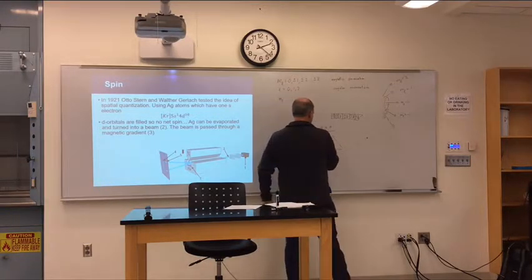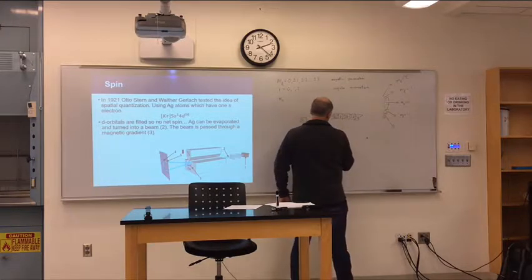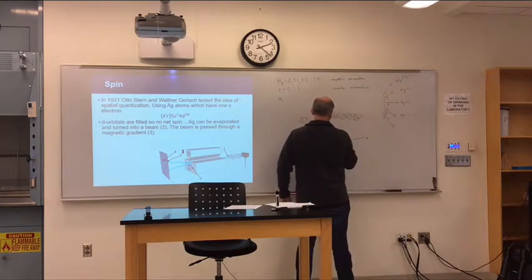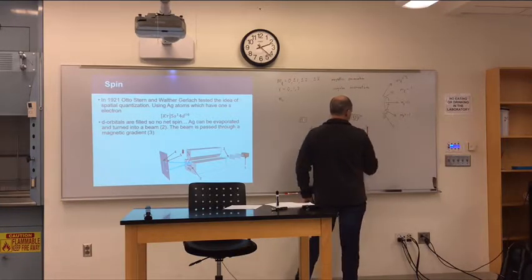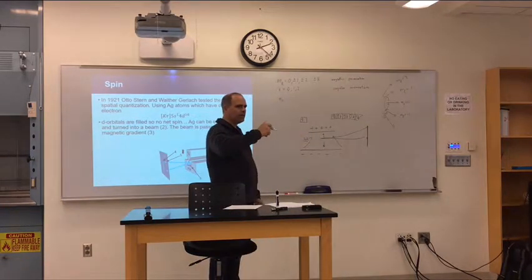So what you would see is it comes out and it would arc up. And so you should see a smear like that if the magnet can orient in any direction going in, right?